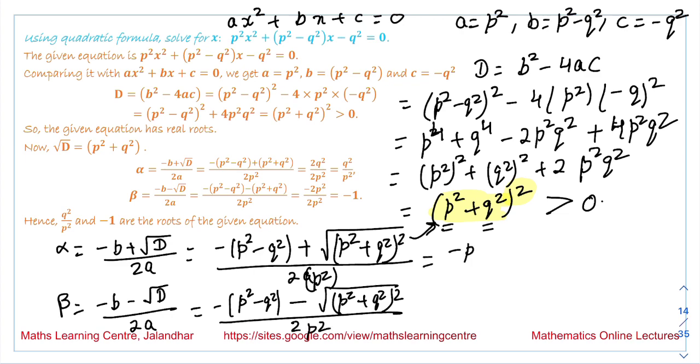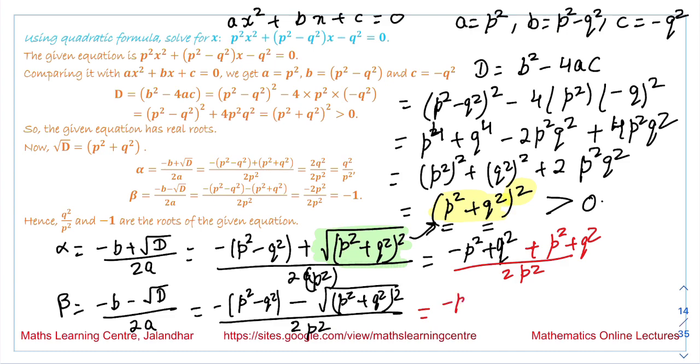So it is minus of p square plus q square. When we look at this term over here, this is the square root of this term. So the value we get is plus p square plus q square over 2 times p square.